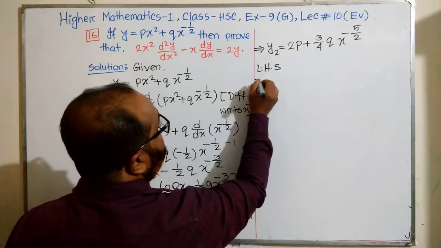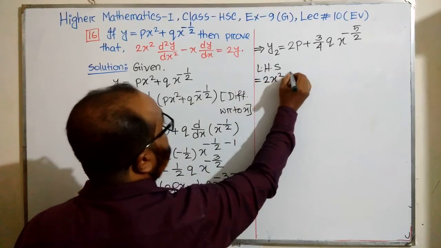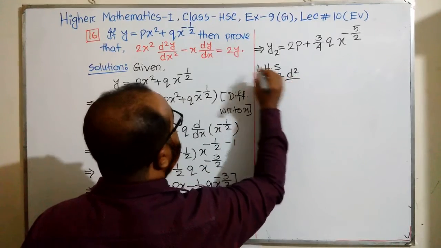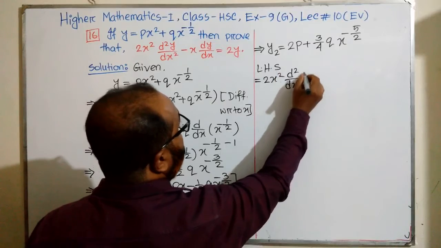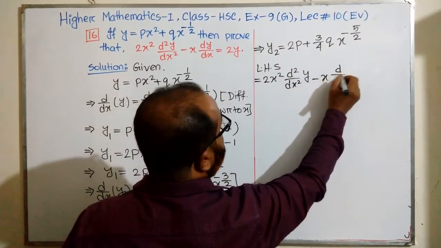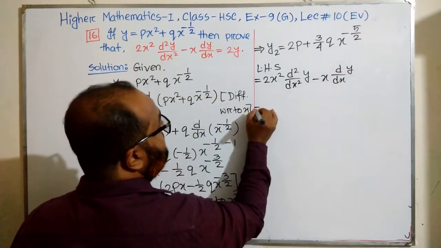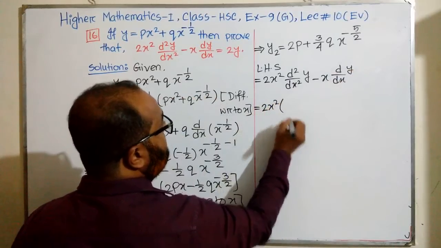This equal twice x square second derivative of y minus x first derivative of y, this equal twice x square.